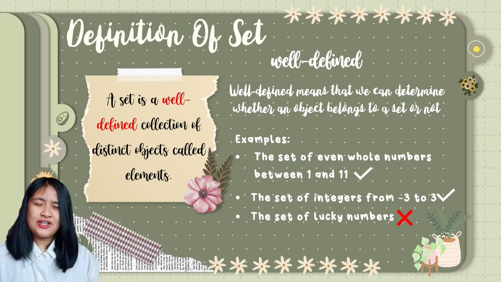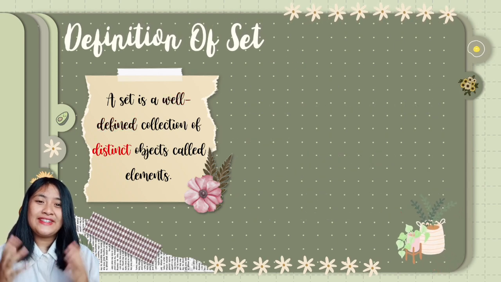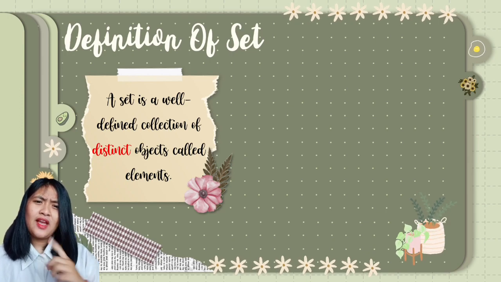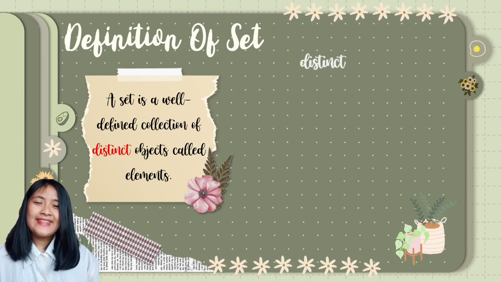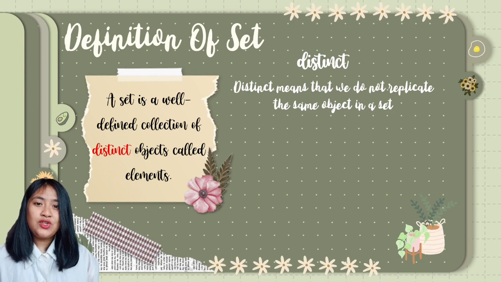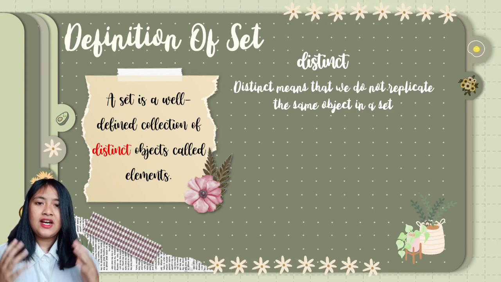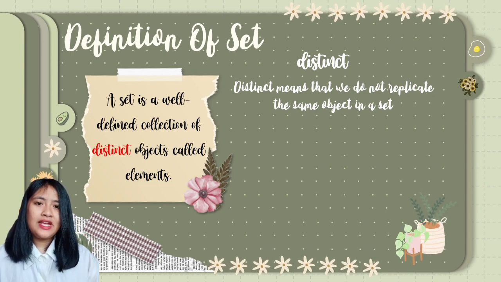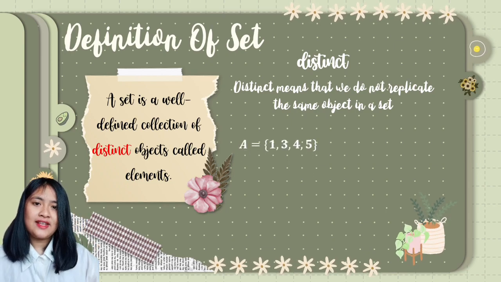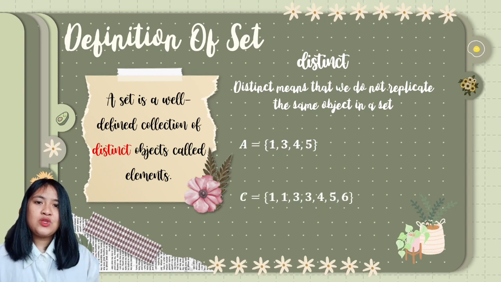In the definition, we also find the word distinct. What does that mean? Distinct means that we do not replicate the same object in a set. For example, if we have two sets, A and C, which one between A and C is a set?